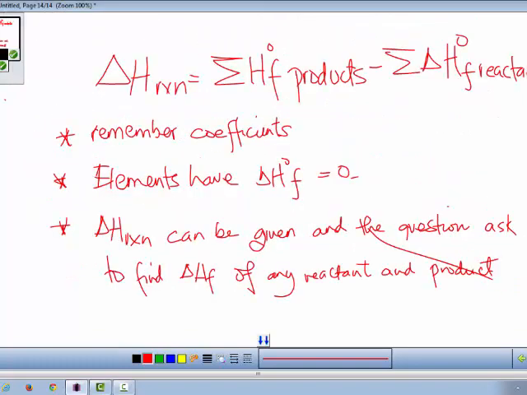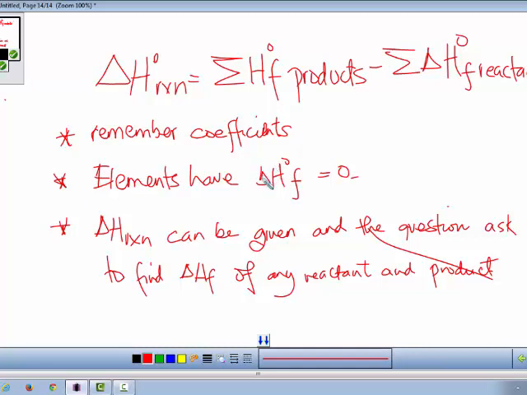Okay. In summary, remember to find the delta H for the reaction, delta H for the reaction is equal to the sum of the delta HF of the products minus the sum of the delta HF for the reactants. Some things to remember. Remember that coefficients are very important. In the equation, we have to make sure the equation is balanced properly, because we have to multiply the delta HFs by the coefficients to get the correct value.